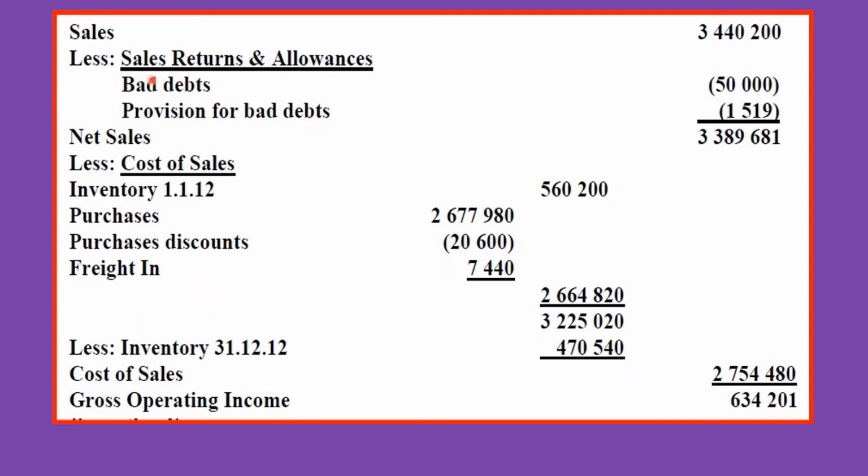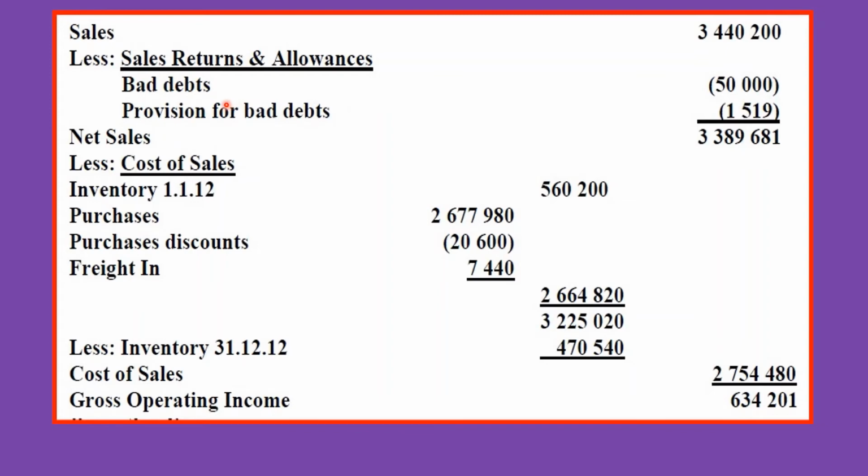At CSEC level, we know this as sales returns, but if you're doing an income statement according to the IAS, you need to take off all the allowances as well. Allowances are for bad debts, provision for bad debts, and then there are discounts allowed as well. And we don't have any discounts allowed in this question.